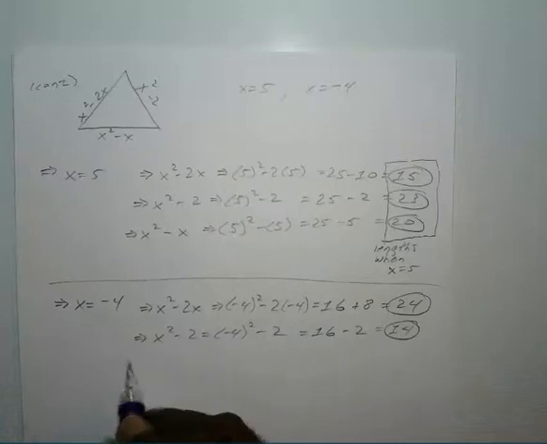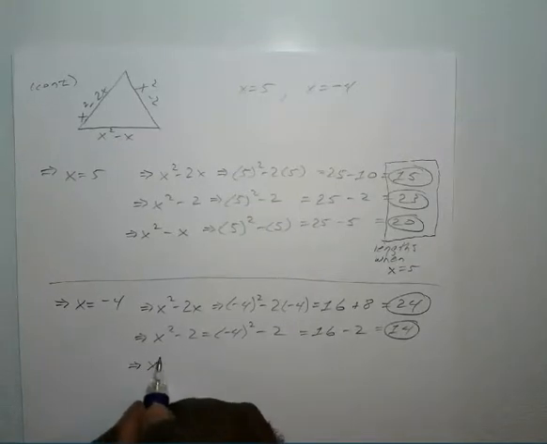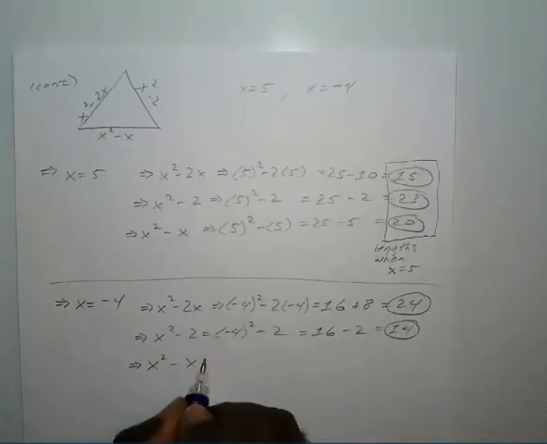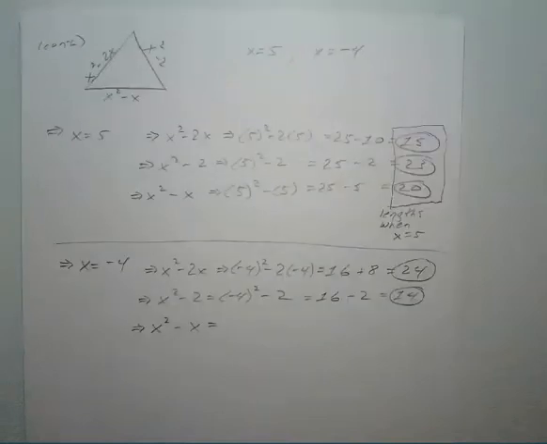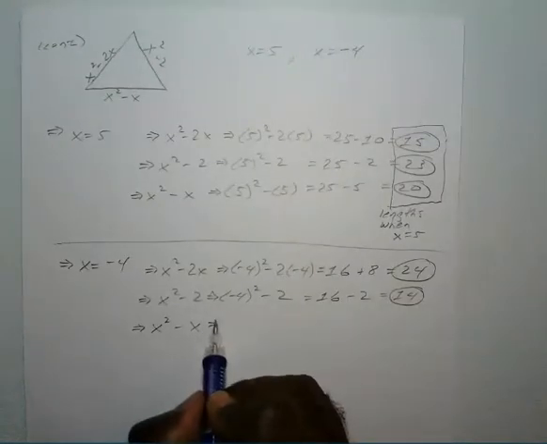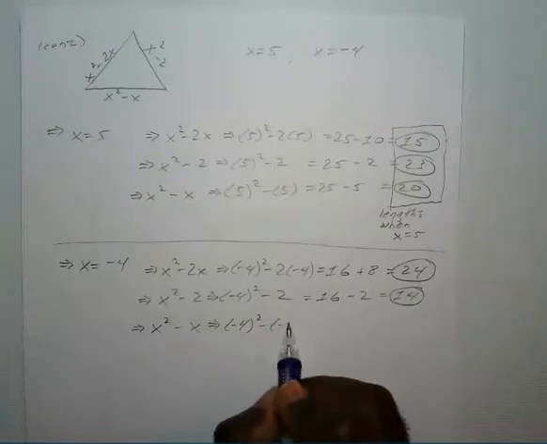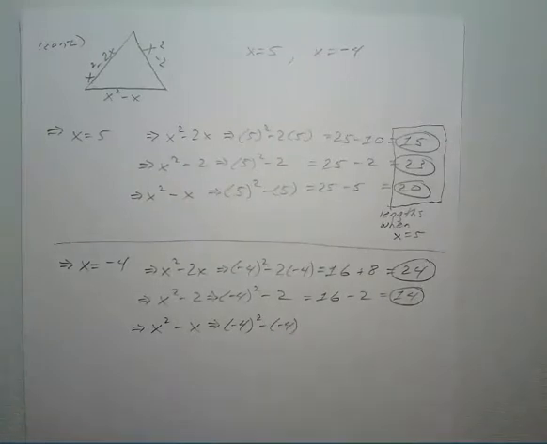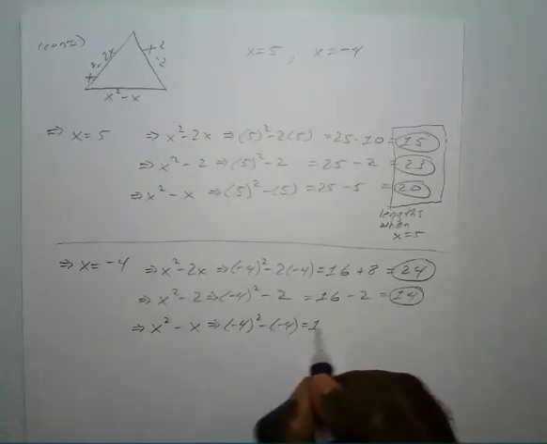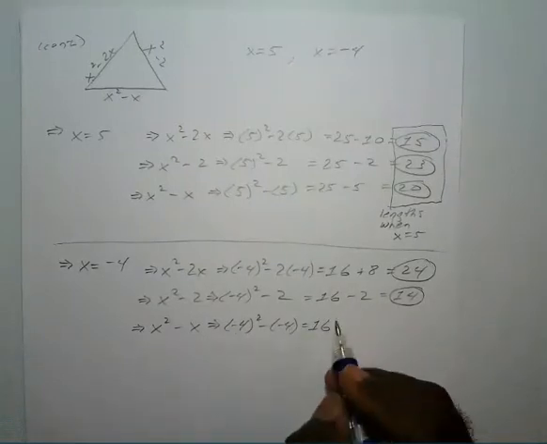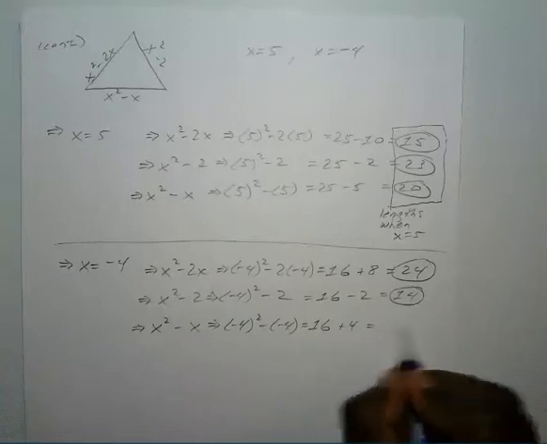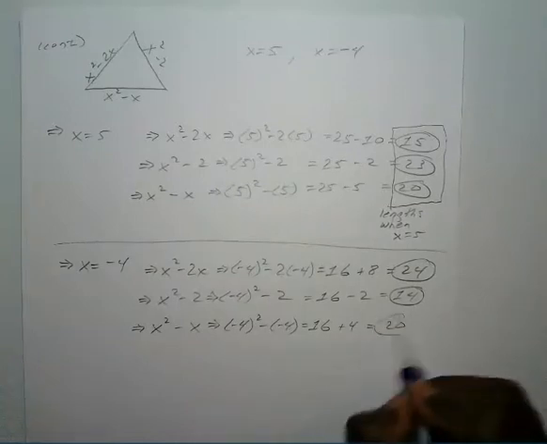Okay, now x squared minus x, that's just negative 4 squared minus negative 4. Negative 4 squared is 16. So we have 16 minus negative is plus 4, which is 20.